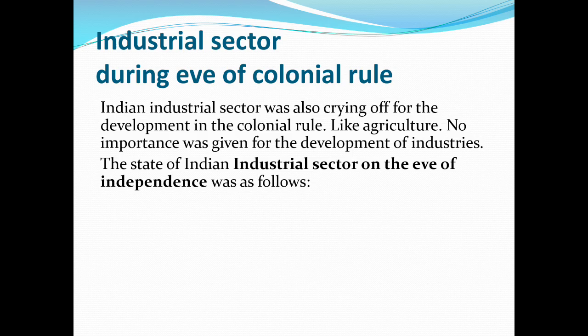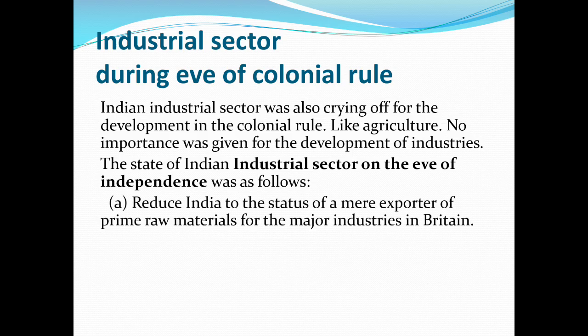The state of the Indian industrial sector on the eve of independence was as follows. It reduced India to the status of a mere exporter of prime raw materials for the major industries in Britain.